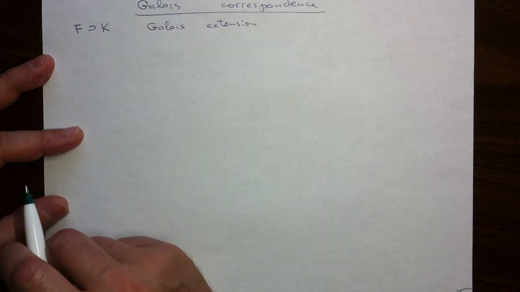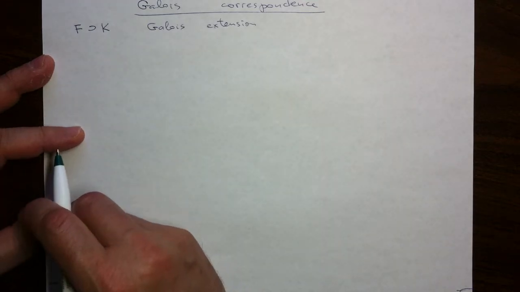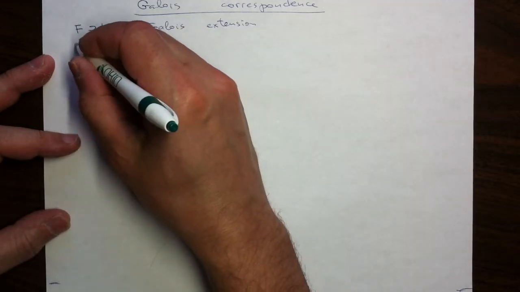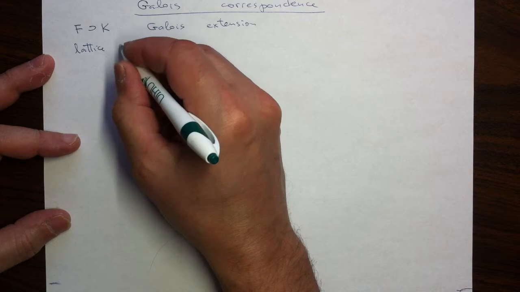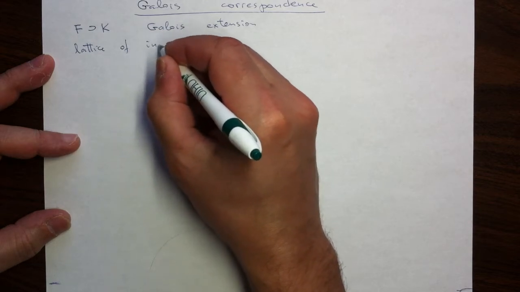And the alignment will be between two what are called lattices. So on one side we have the lattice of intermediate subfields.